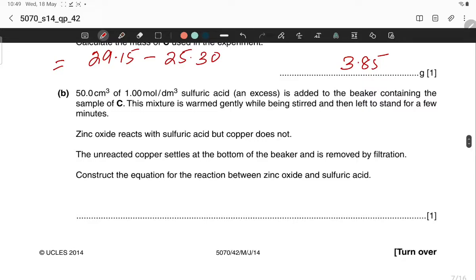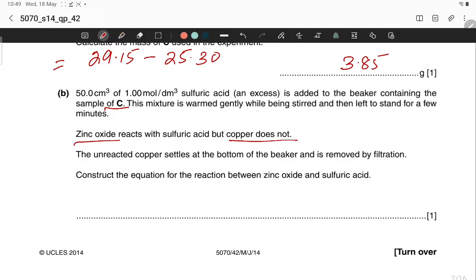A 50 centimeter cube of 1 mole per dm cube sulfuric acid, in excess, is added to the beaker containing the sample of C. The mixture is warmed gently while being stirred and then left to stand for a few minutes. Zinc oxide reacts with sulfuric acid, but copper does not, because copper is insoluble in dilute sulfuric acid.